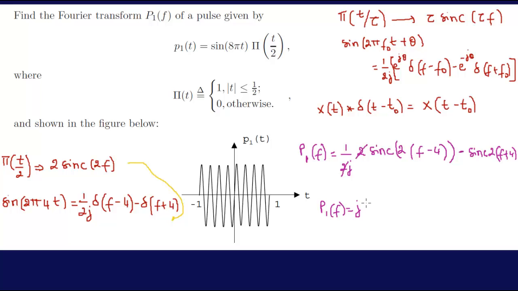Finally, I have j times sinc of 2 times f minus 4, minus sinc of 2 times f plus 4. And that's it.